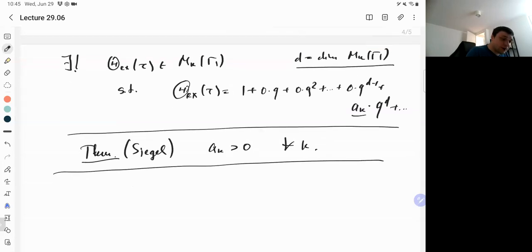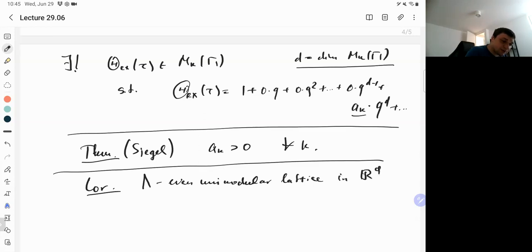And so what is the relation with lattices? Why does it matter? Well, what this implies is, if you combine the previous result with this, so if lambda is an even unimodular lattice in R^2k, well, this D has nothing to do with that D, so let me write R^2k.